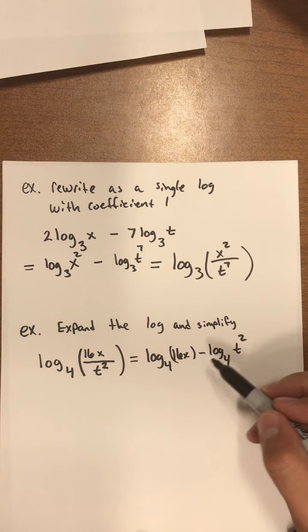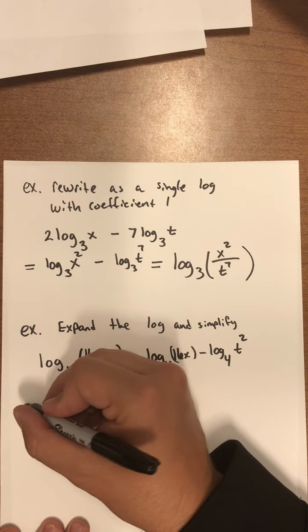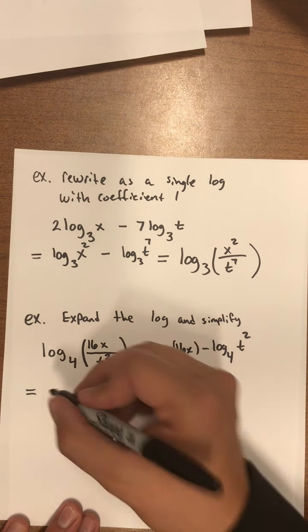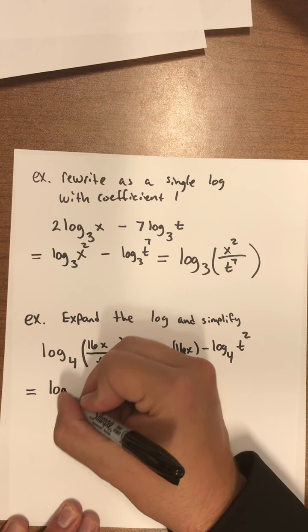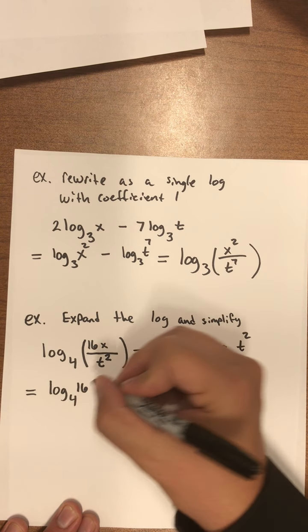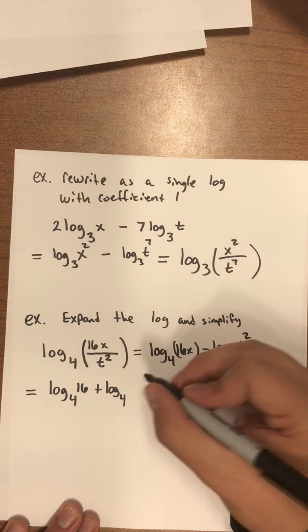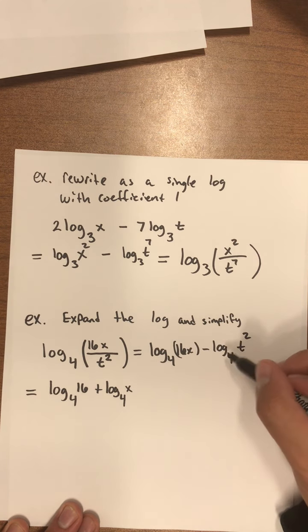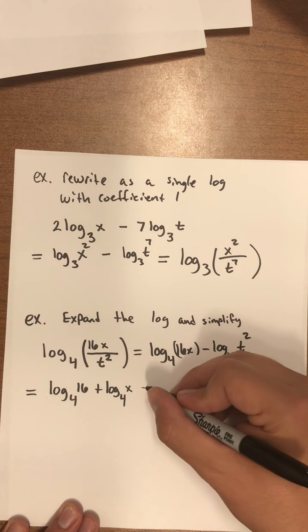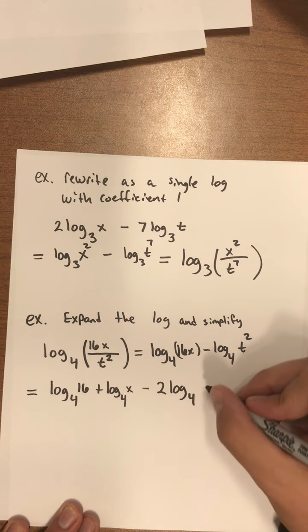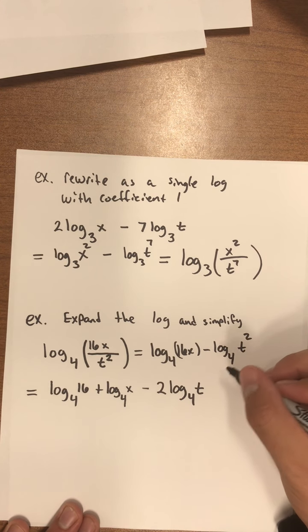Okay, now on this first log base 4 of 16 times x, that has multiplication, so we can use the product rule. So we have log base 4 of 16 plus log base 4 of x, and then log base 4 of t squared, we can use the power rule and bring the 2 out front.